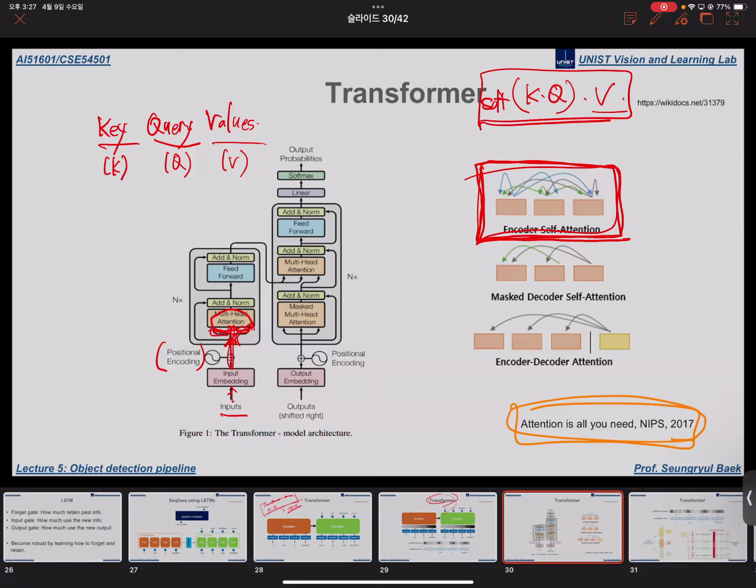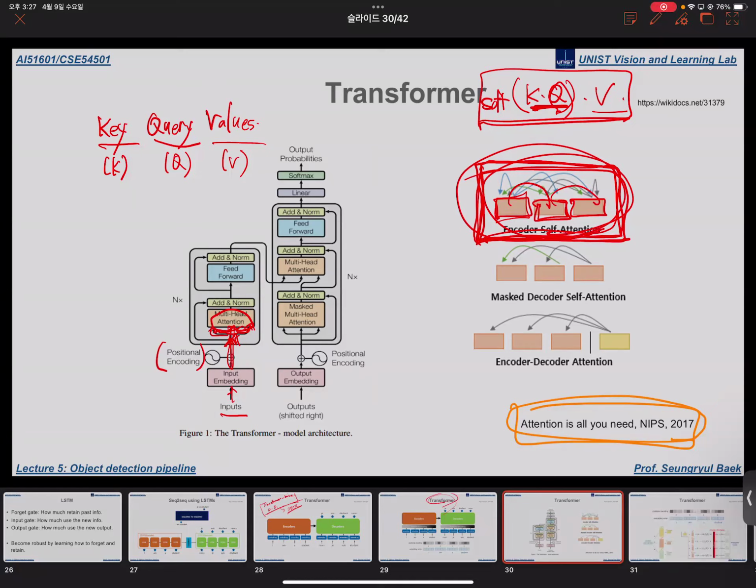Given a word vector, its key values are densely producted with the query values, so that kind of relation can be represented by this dense product.